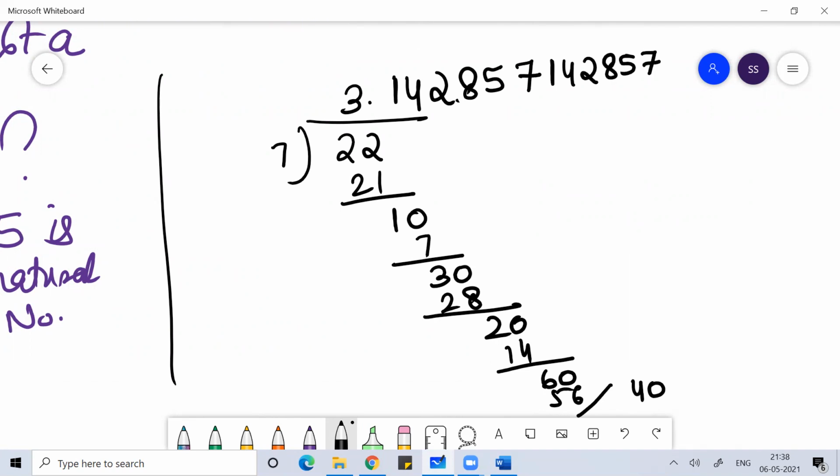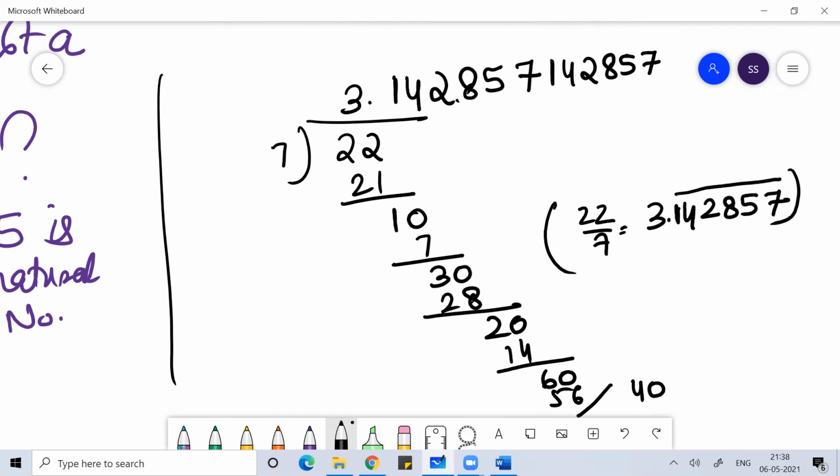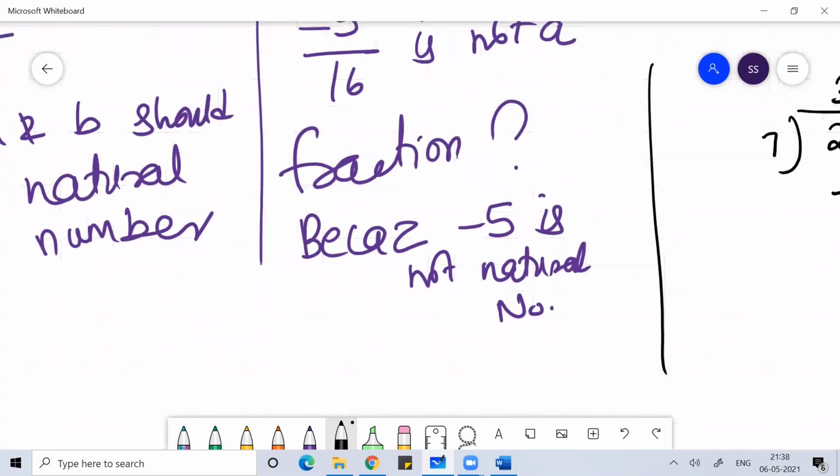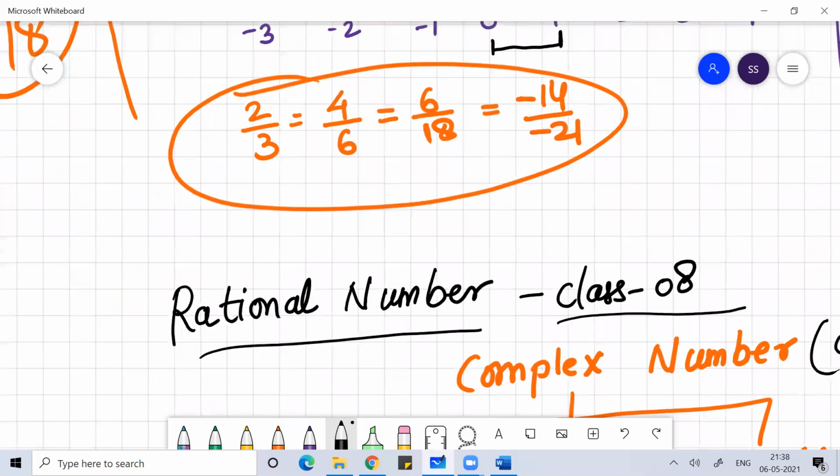So you can understand this. When you see 22 by 7, it is actually 3.14287, and this is the pattern. It's a recurring decimal. So 22 by 7 is basically a rational number.